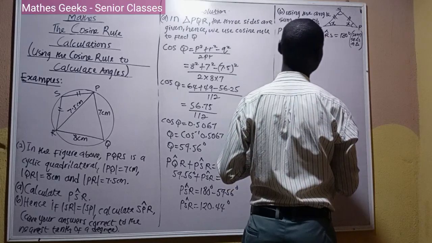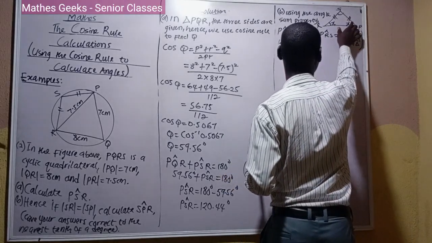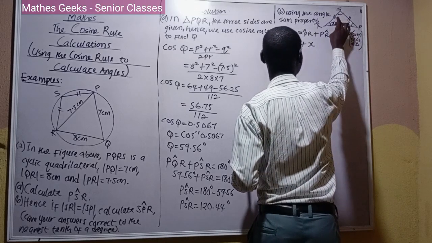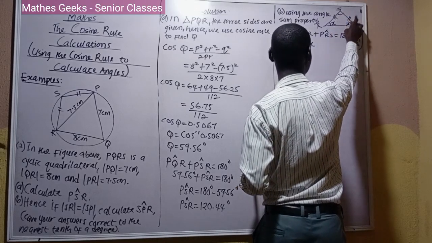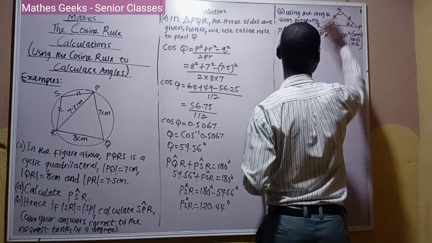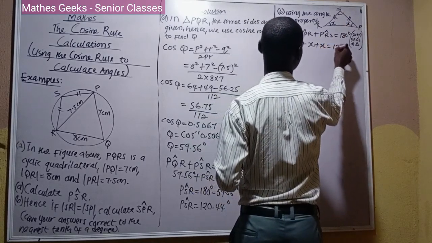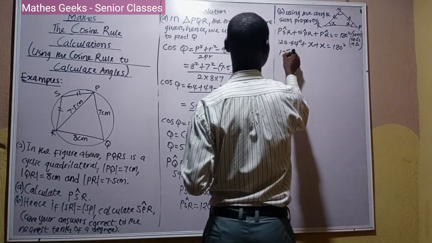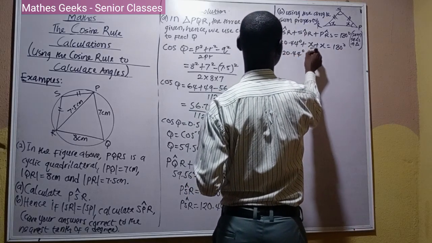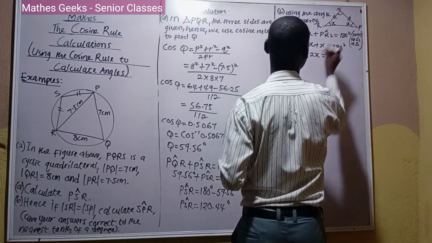From our knowledge of the property of an isosceles triangle, since the base angles are equal, looking for this angle is the same thing as looking for this angle. So if we represent this angle with x, then plus x equals 180 degrees. So 120.44 degrees plus x plus x, 2x, equals 180 degrees.